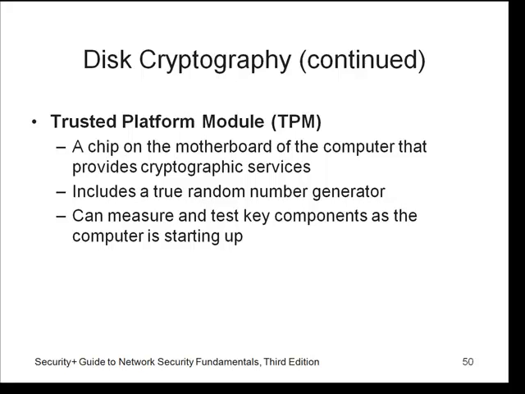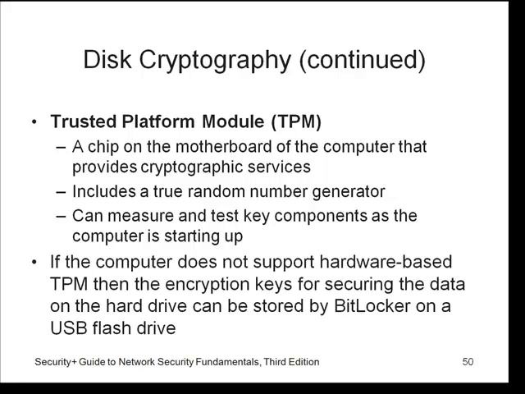So what goes on with this thing? A chip on the motherboard of the computer provides cryptographic services for these things. If you don't have that chip, you can use a flash drive with the passwords on it. Then you have to have the flash drive in order to actually boot the system. You can measure and test the key components as the computer is starting up.